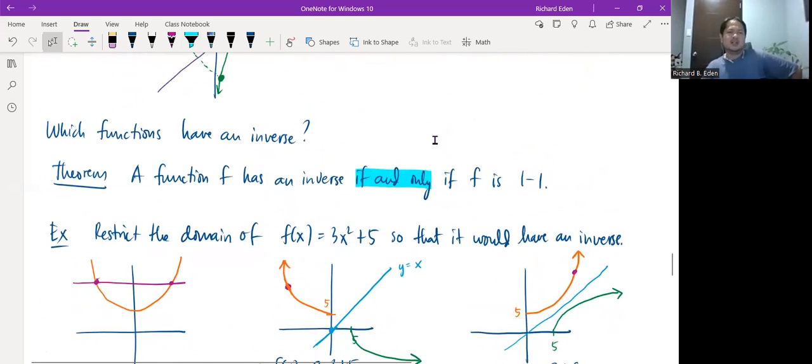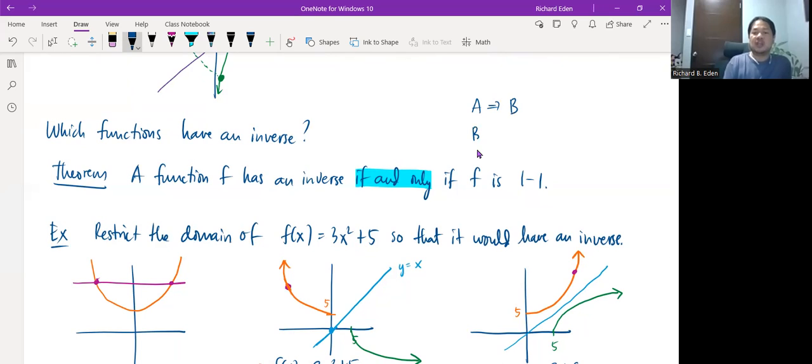In a theorem which is if and only if, it is its own converse. Or actually, ganito. An if and only if statement is a combination of two statements, an implication and its converse. So ito, A implies B statement.